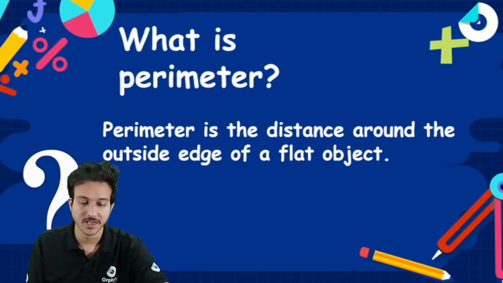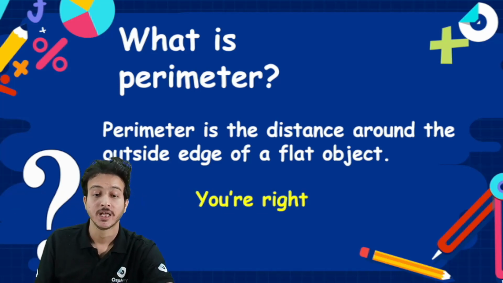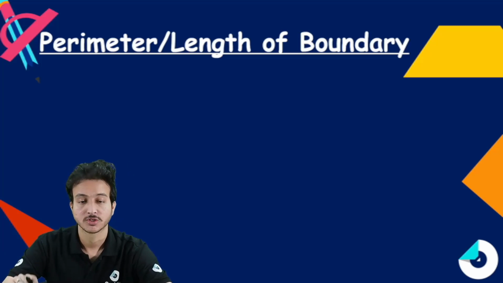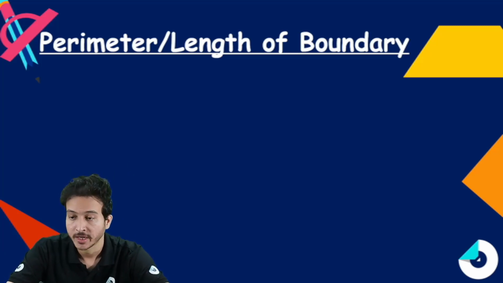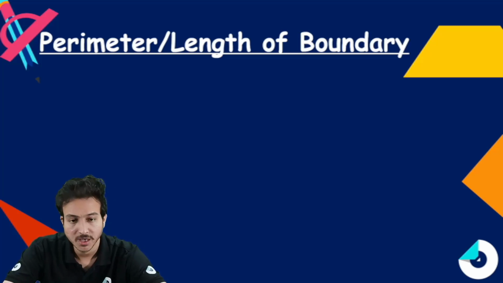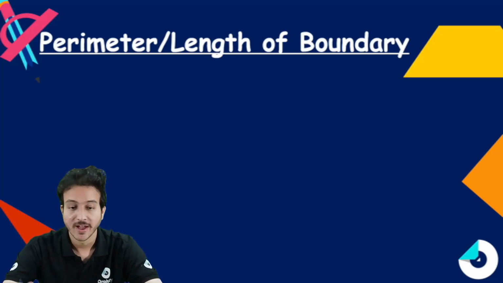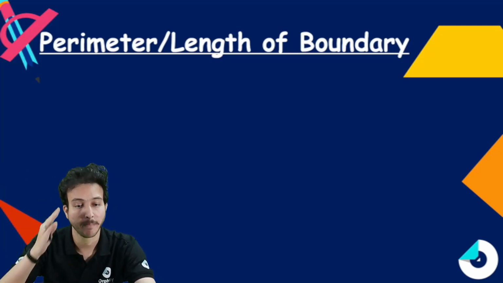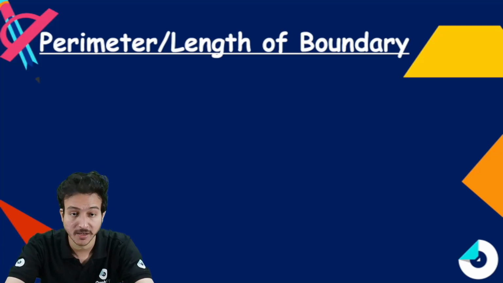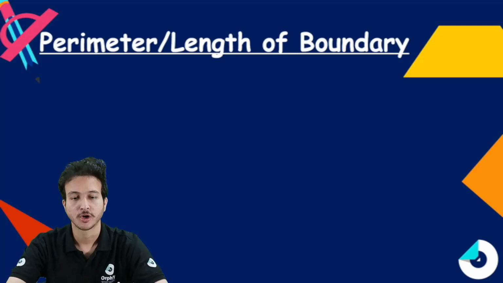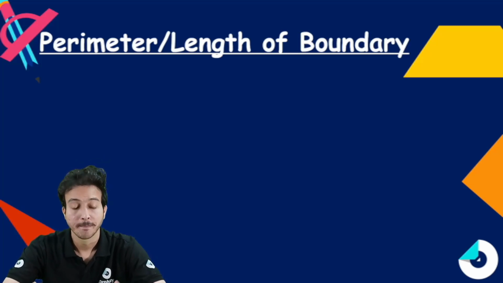This perimeter is nothing but called the length of the boundary. So boundary is a physical term, while perimeter is a mathematical term. A boundary can be felt: if you walk and you can touch the wall, that wall is a boundary because it is stopping your way, but you cannot feel perimeter because it is a mathematical term.